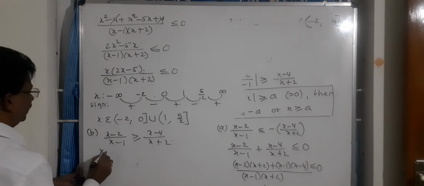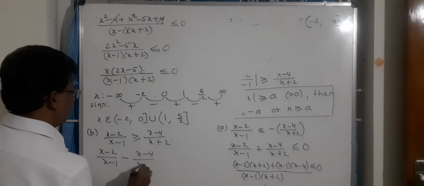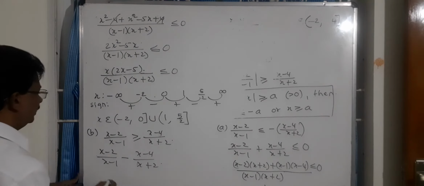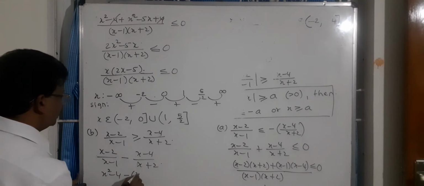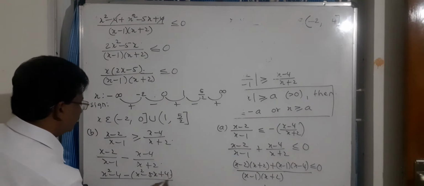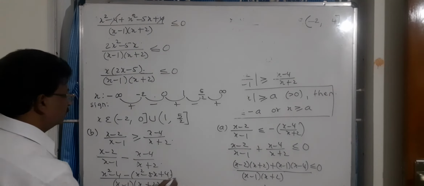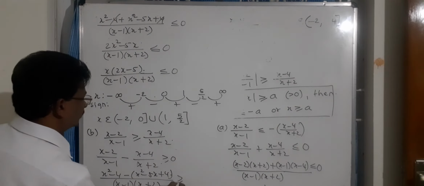Again taking to the LHS, (x minus 4) by (x plus 2), and taking the LCM: x square minus 4 minus (x square minus 5x plus 4) divided by (x minus 1) into (x plus 2), is greater than or equal to 0.